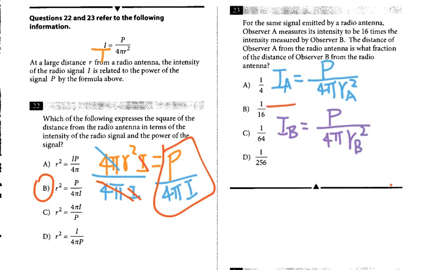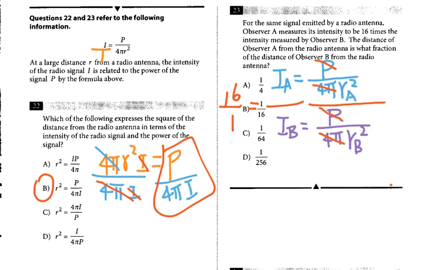Then I will do division. On the left side, you will get 16 over 1. On the right side, that's a complex fraction. So if the numerator and the denominator are the same, we can cancel. So we cancel 4 pi, cancel P.